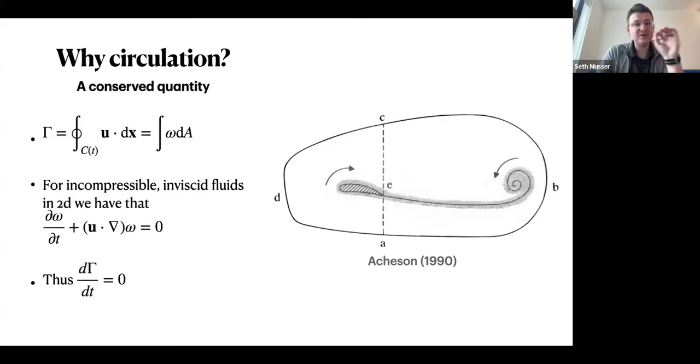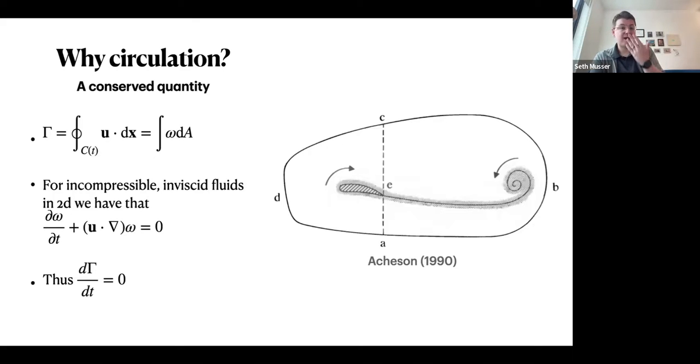This should hint to you that it might be a useful thing in superfluids as well, where the vorticity is quantized at point-like vortices. But even outside of the superfluid context, in an incompressible inviscid fluid in 2 dimensions, vorticity is just advected with the flow. And this means that the circulation around a loop will never change as long as you allow that loop to be deformed by the fluid.